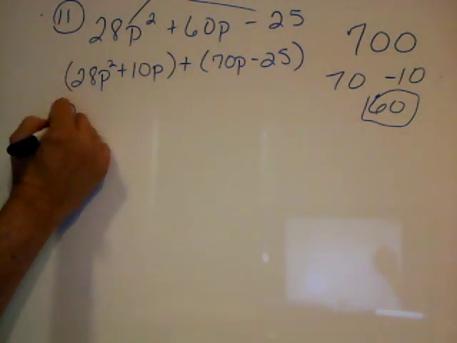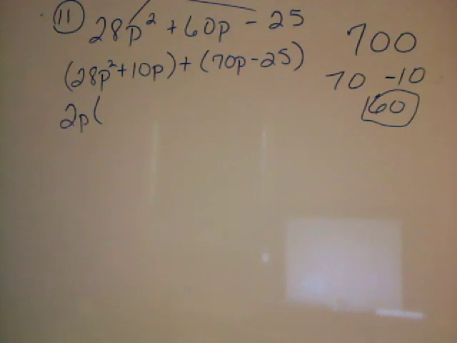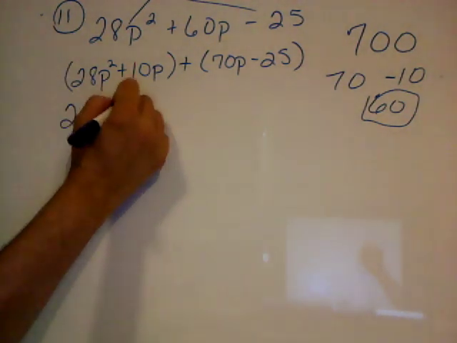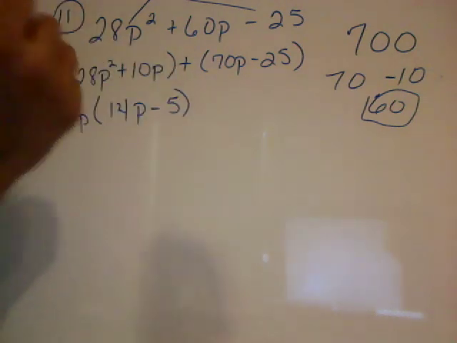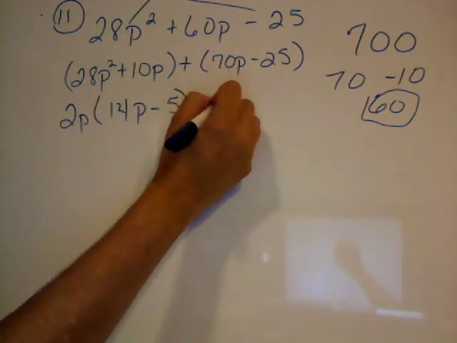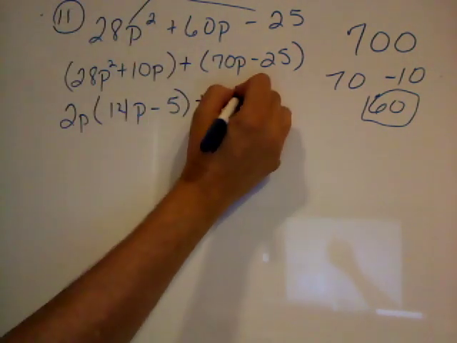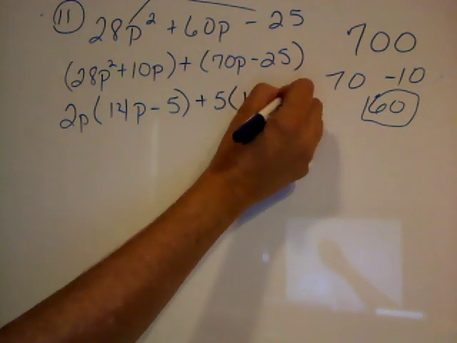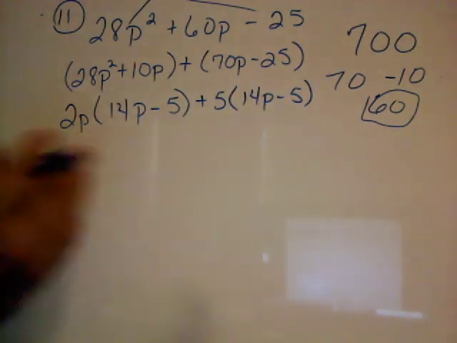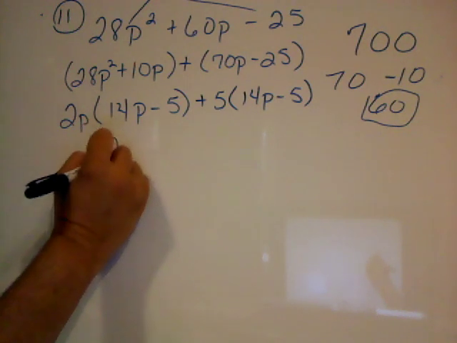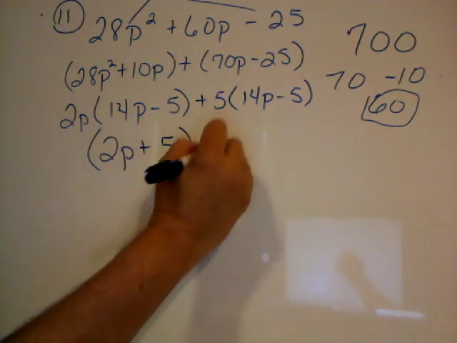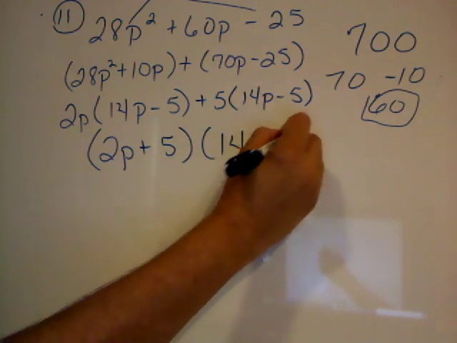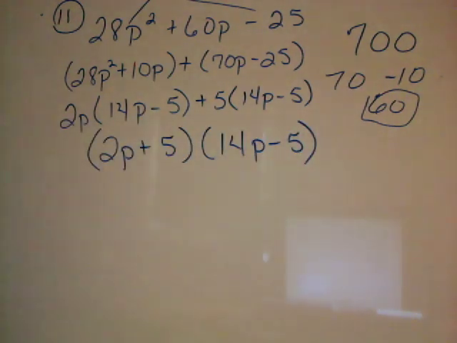Okay, so I'm going to take a 2p out of this, leaving me with 14p minus 5, plus I'm going to draw out a 5, which would leave me with 14p minus 5, and now I just put it together. 2p plus 5 times 14p minus 5.